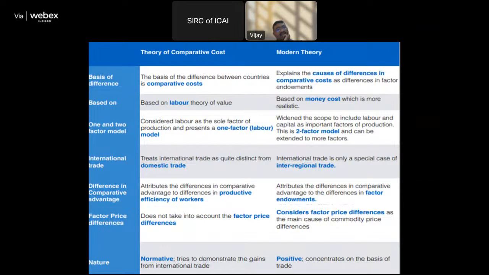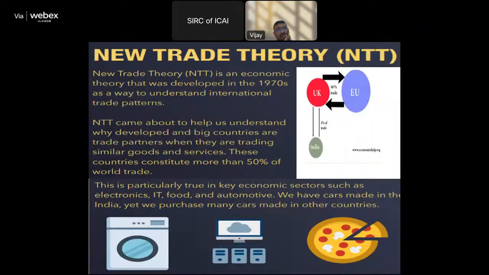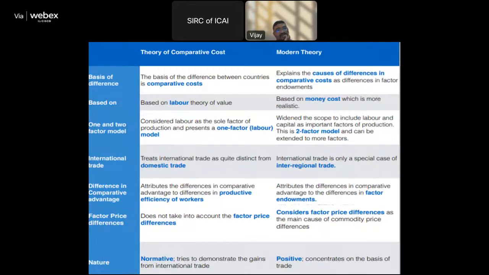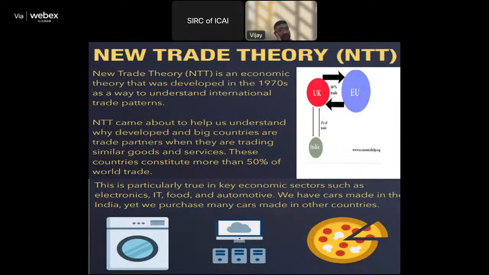But the change in price will not be considered in the case of the comparative cost advantage theory. So just to go through this distinction part. Then new trade theory.